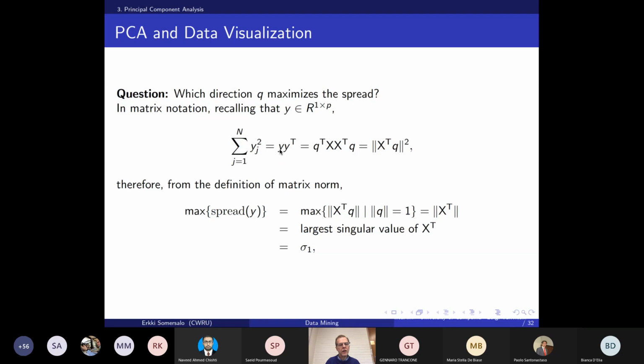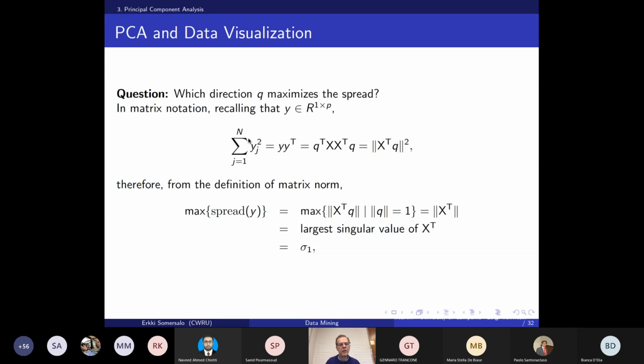You can calculate this spread squared by taking y transpose. Now this is an inner product because my y is a row vector, so we have a row times a column. This is a scalar, which is exactly the sum of the squared components of y. And here I shouldn't have n, I should have p.